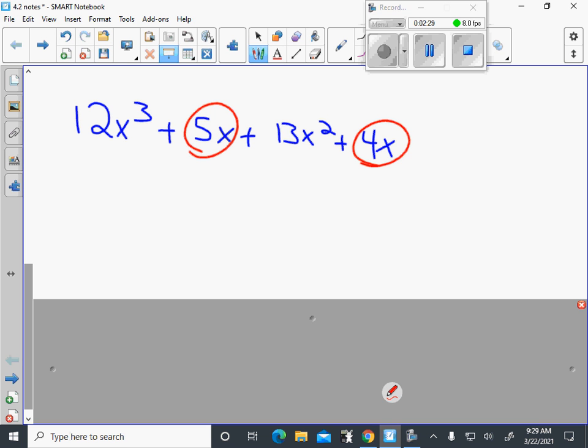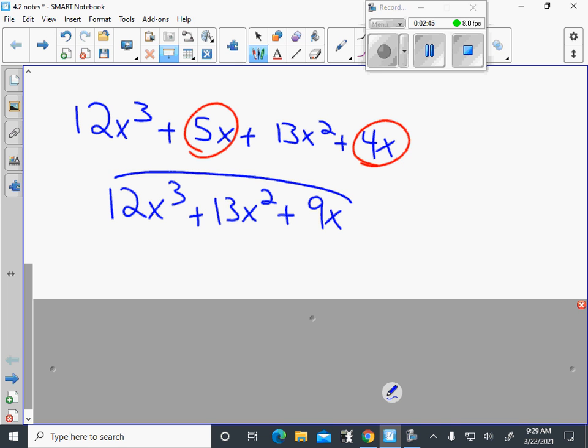So, write this in standard form. We can do that right away. The 12x to the third just drops down. 13x squared comes next. And then 5x plus 4x gets us 9x. Okay, so it's really just combining like terms. That's all it is.